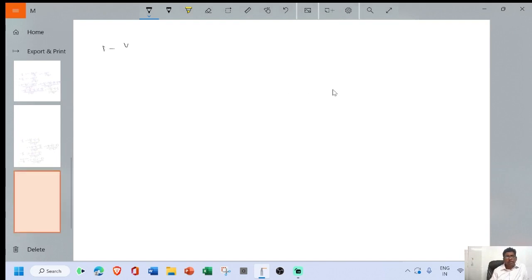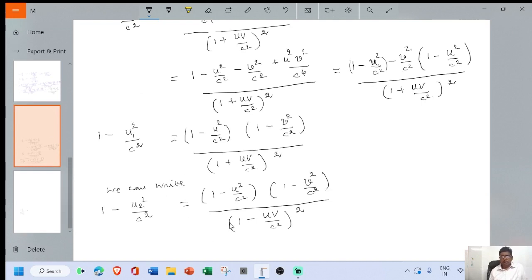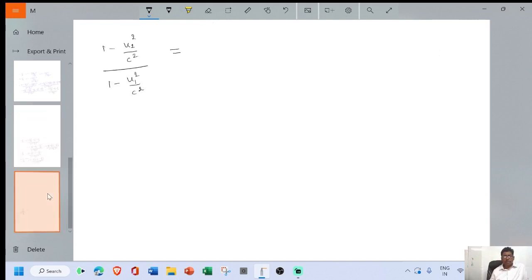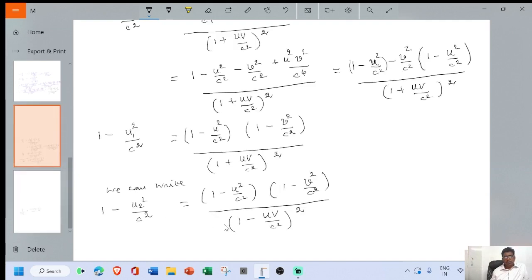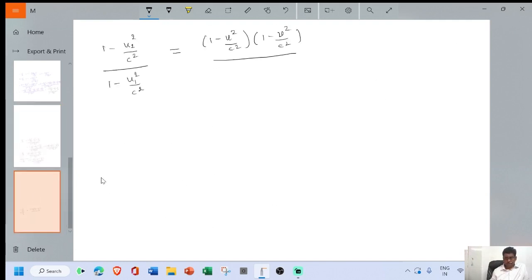1 minus u2 square by c square whole divided by 1 minus u1 square by c square, which is equal to 1 minus u square by c square into 1 minus v square by c square whole divided by (1 minus uv by c square) whole square.